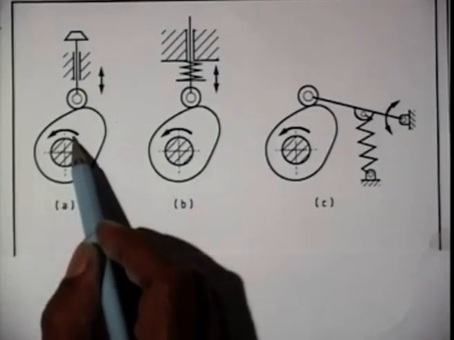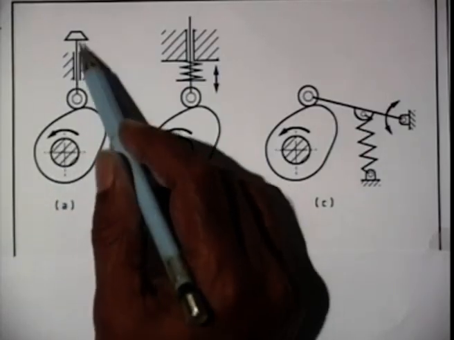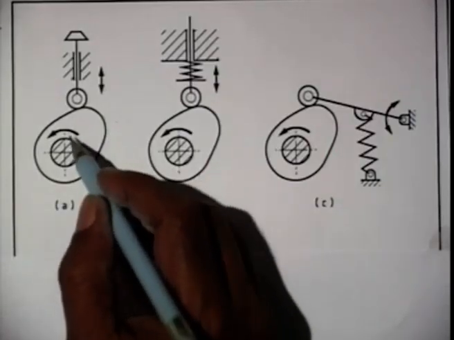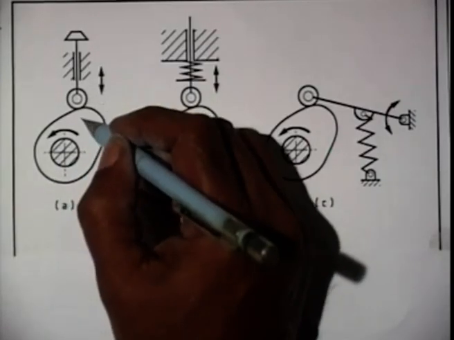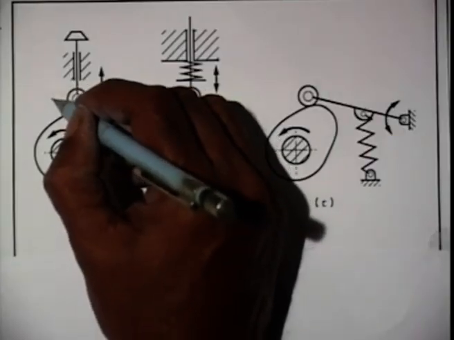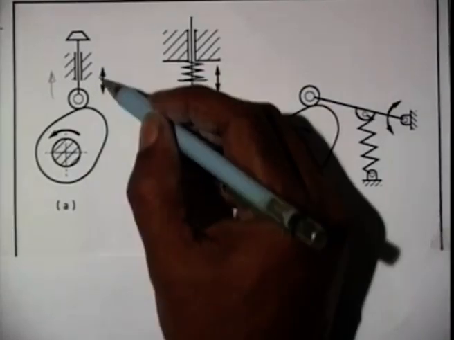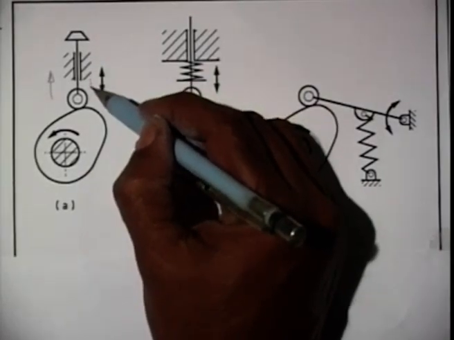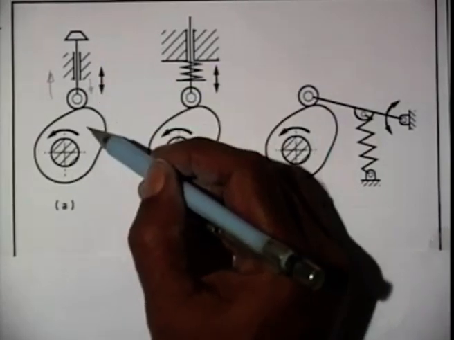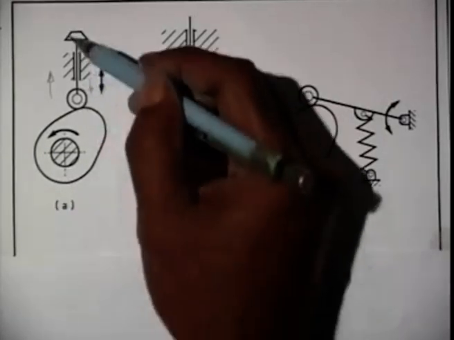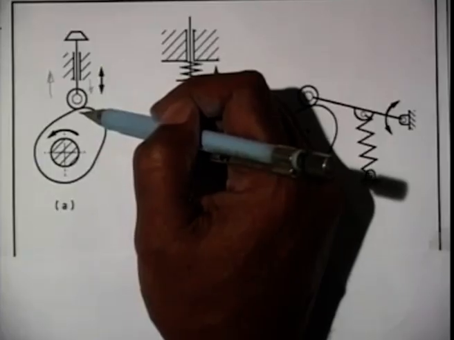This is the cam, which is a disc cam, and this is a translating roller follower. What we should note is that as the cam rotates, the cam can drive the follower only in the upward direction. Whereas when the follower tries to come down, no tensile force can be applied by the cam onto this roller, so it comes down either by gravity.